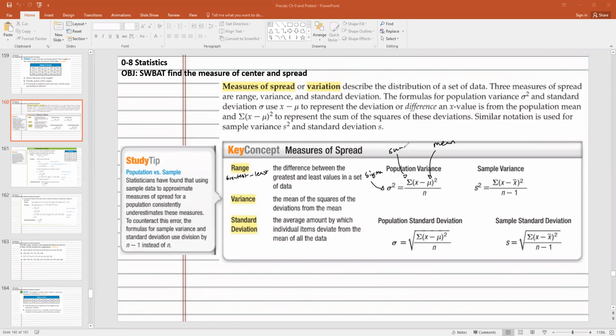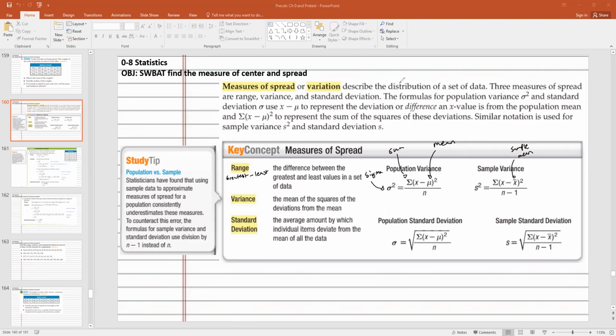And sigma squared. Here, sigma is just the Greek letter for S, basically. And here, remember this X with the line above it is the sample mean.